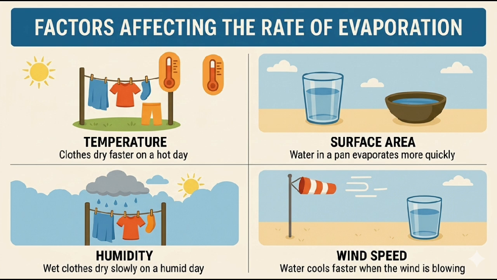Let's see this slide. There are four beautiful pictures and they show the factors. The first factor is the same example, the temperature. Here in the hot summer, someone puts clothes outside to dry. That means due to the hot summer, the clothes dry faster.